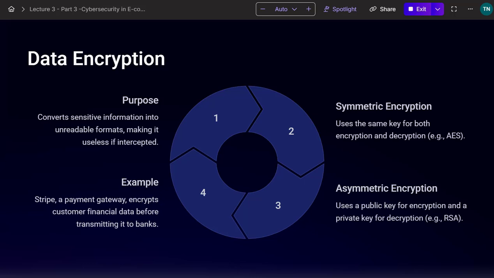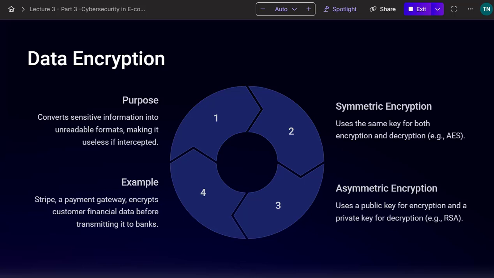Data encryption. We will look at data encryption now. The purpose, symmetric encryption, asymmetric encryption, an example, right? So one of the measures to secure data is data encryption. Data encryption is the process of converting sensitive information into an unreadable format, making it useless if intercepted. Symmetric encryption uses the same key for both encryption and decryption, such as Advanced Encryption Standard, AES.